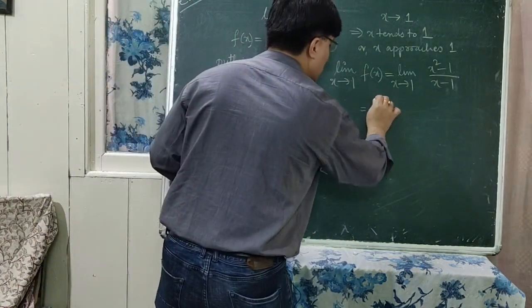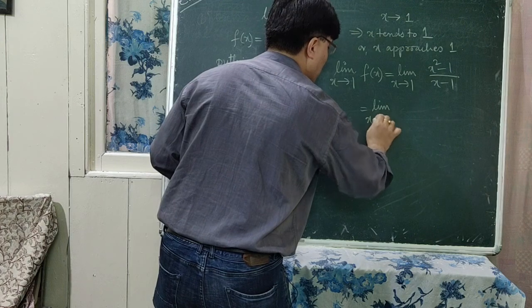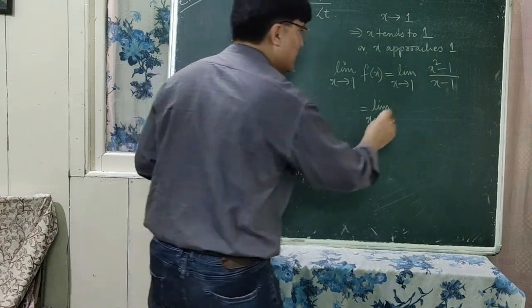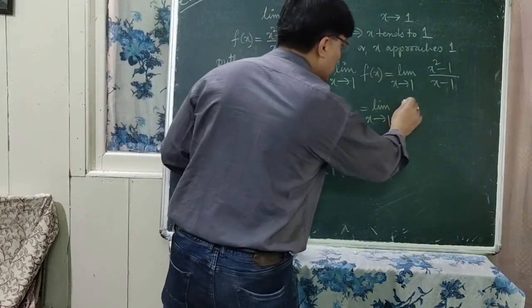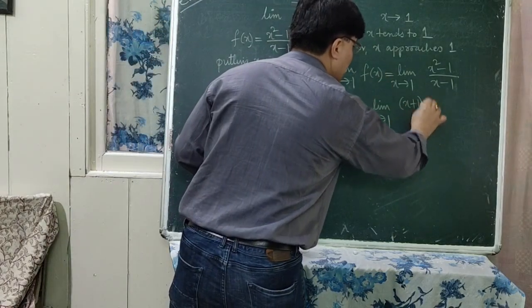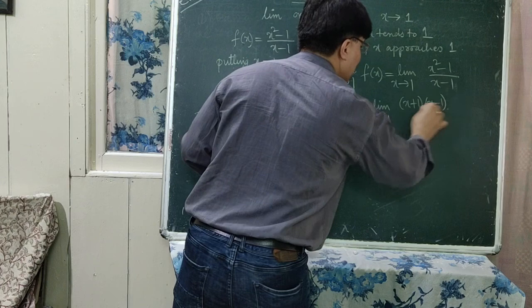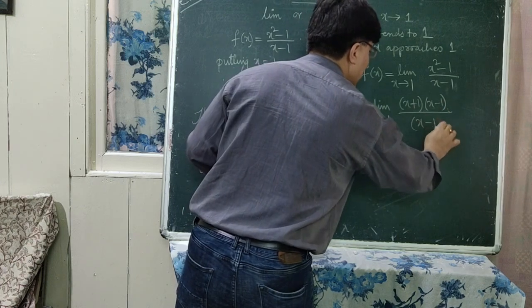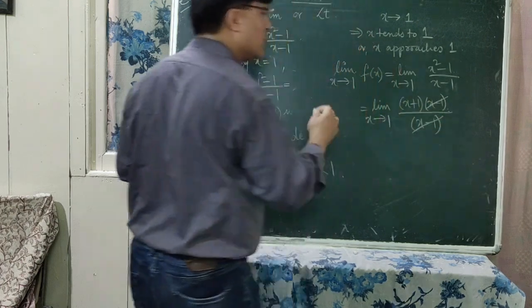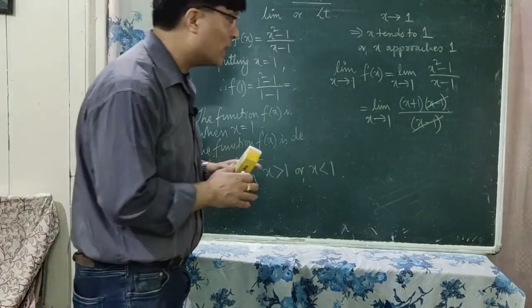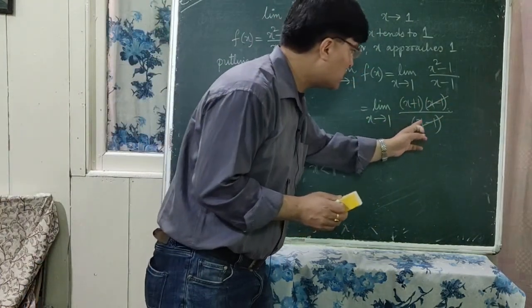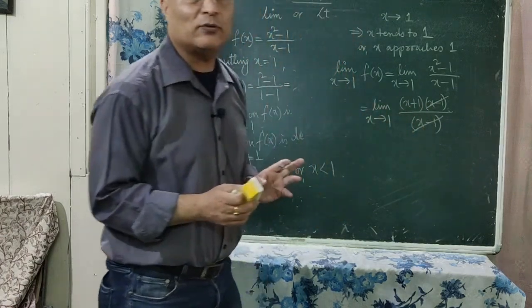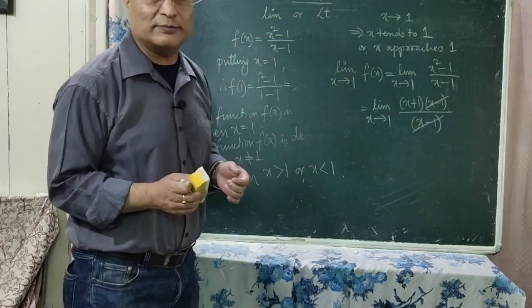So which is equal to limit x tends to 1. You can factorize the numerator. How can you factorize the numerator? It is x plus 1 into x minus 1 divided by x minus 1. So here you can cancel this x minus 1, because of this x minus 1 we were getting the undefined term, isn't it?